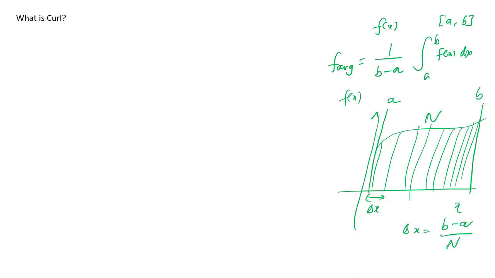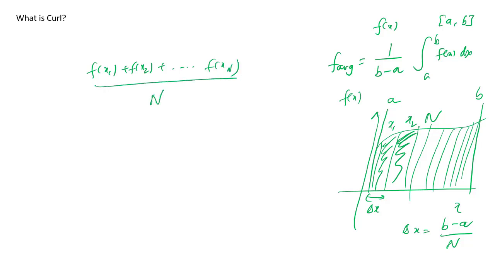So if I want to know the value of the function for each of these grids, let's call this x1, let's call this x2, and so on. If I want to know the average, I can simply write it as f of x1 plus f of x2, up till f of xn, divided by n.